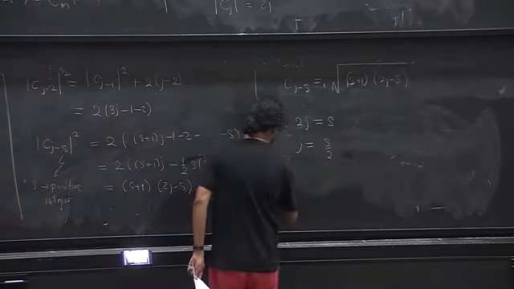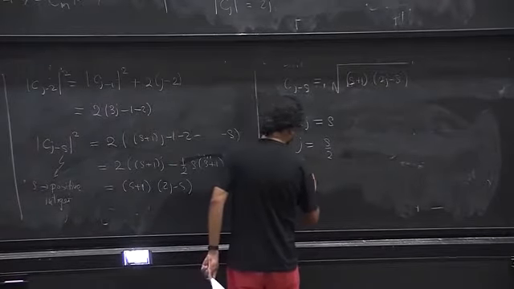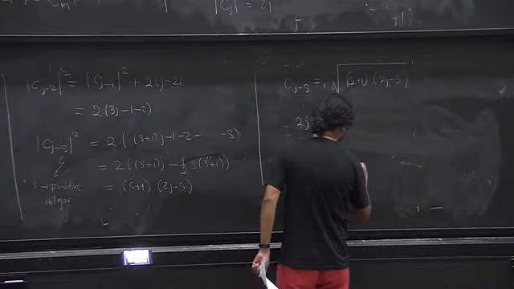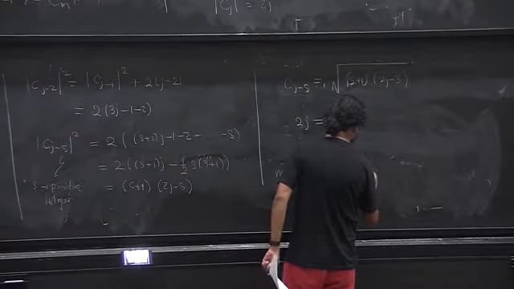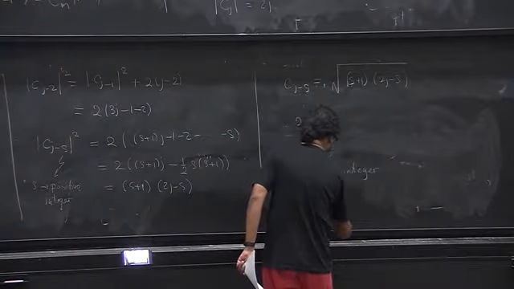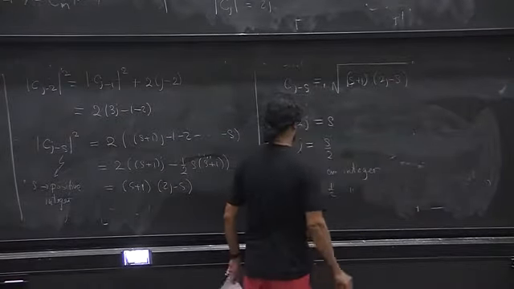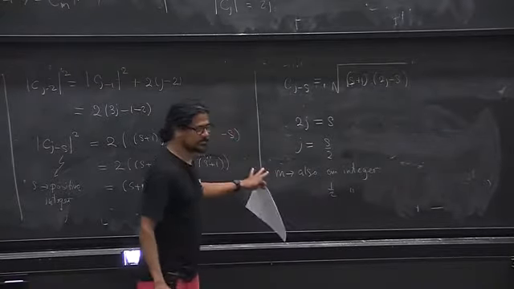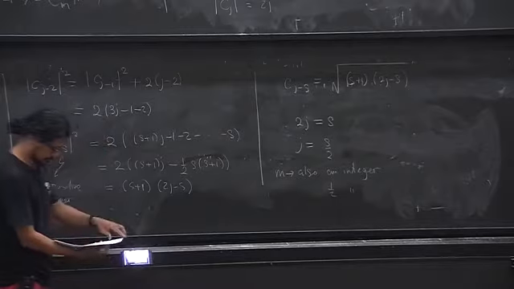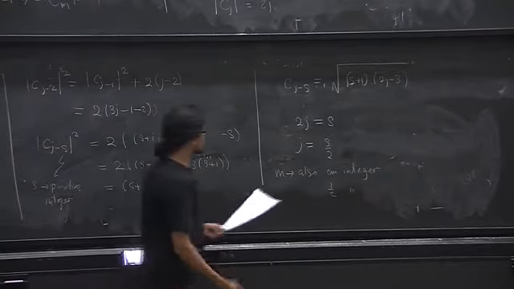So this means that m is also an integer or half integer. m doesn't have to be positive, but j has to be.